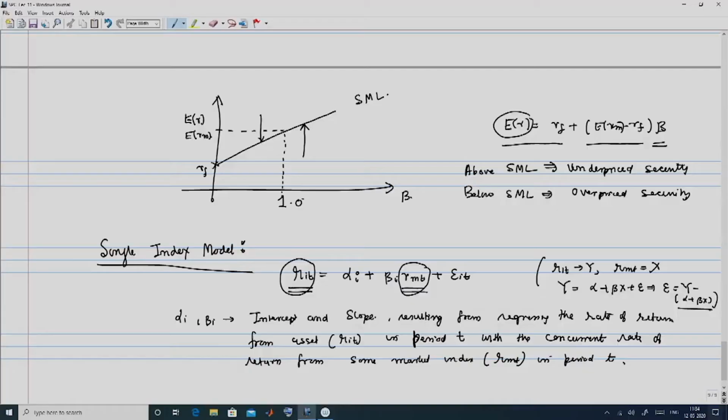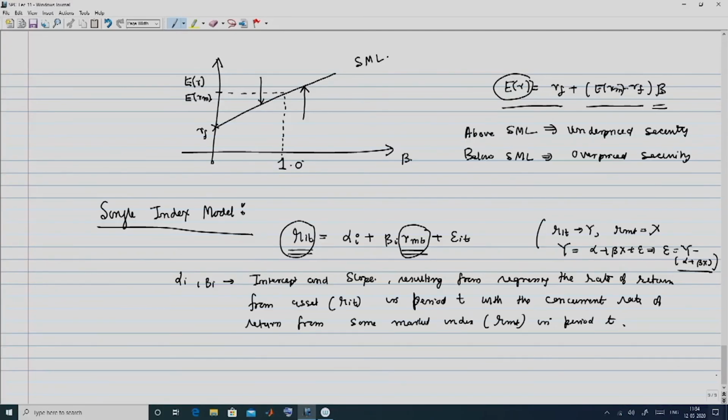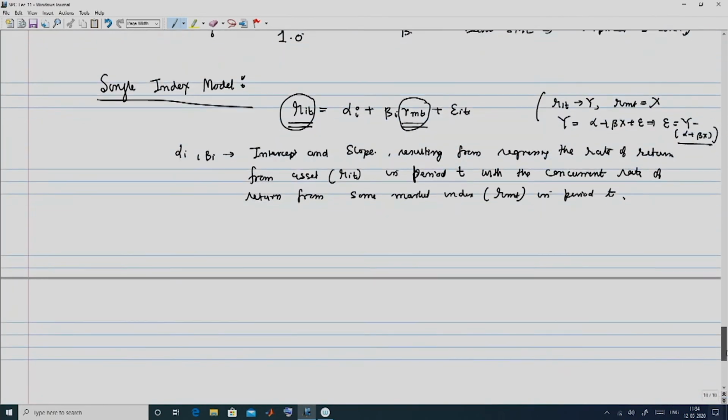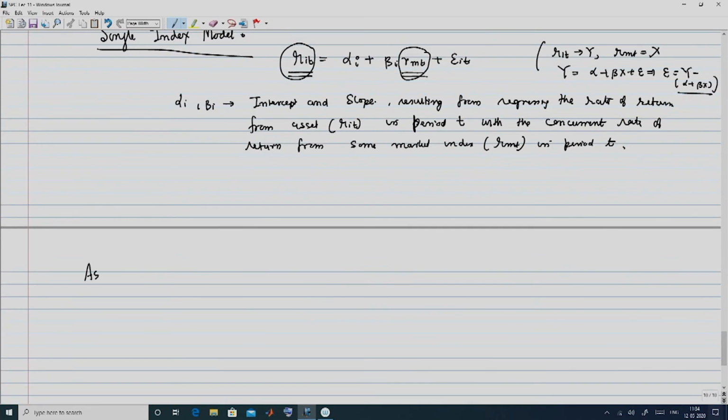So, I come back now to RIT and RMT, the returns of the asset and the market, and I am going to correlate them through a linear relation, making use of the linear regression results that we have already derived.